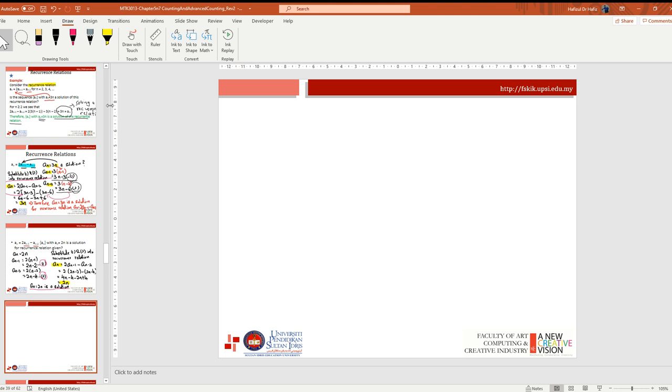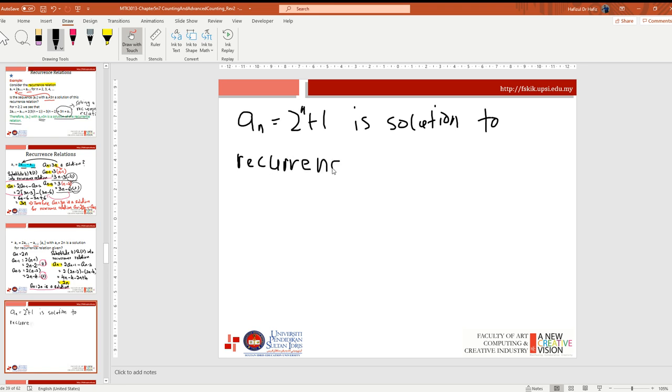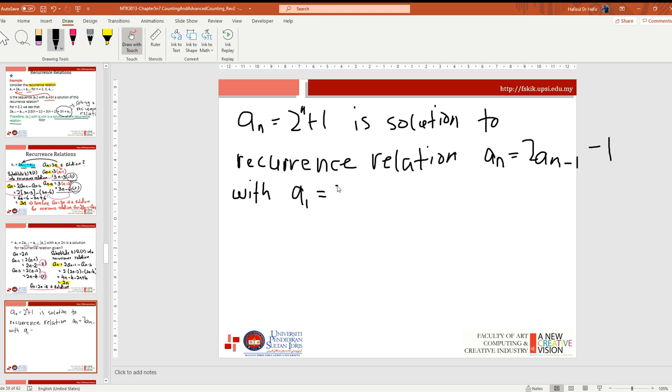Okay, we have here an is equivalent to 2n plus 1 is a solution to the recurrent relation an is equivalent to 2an minus 1 minus 1 with a1 is equivalent to 3 lah.